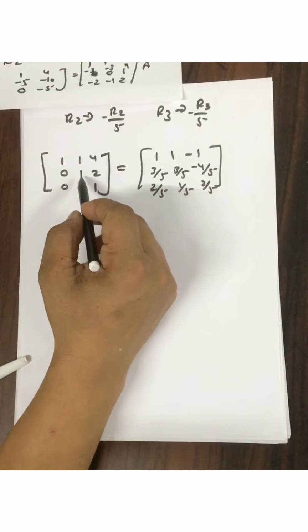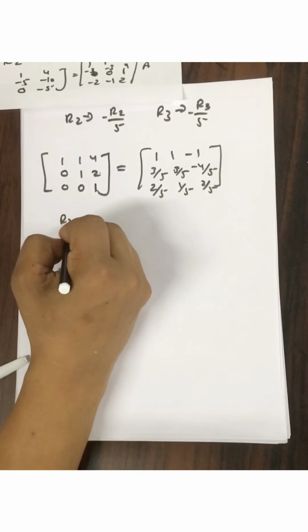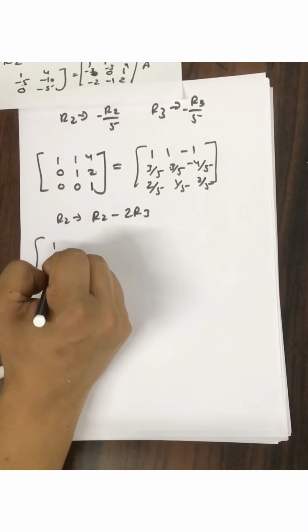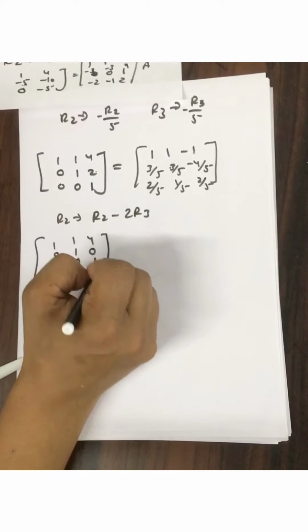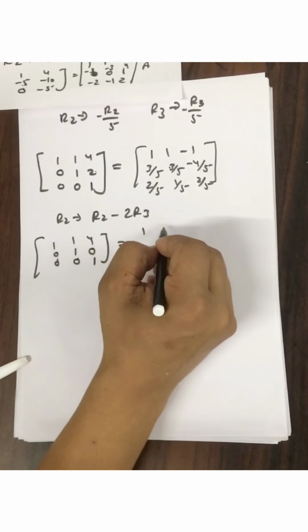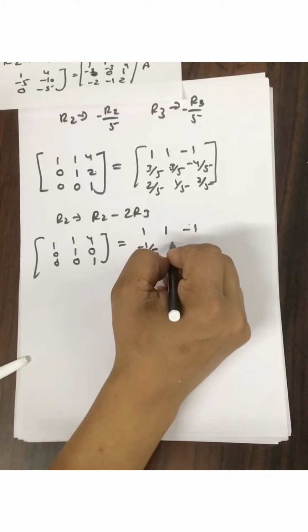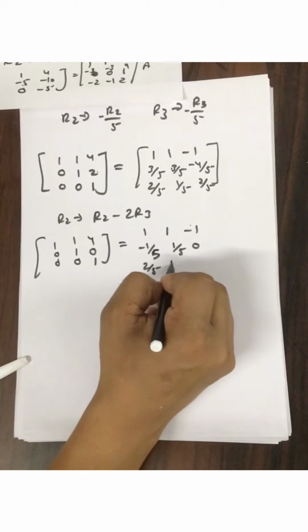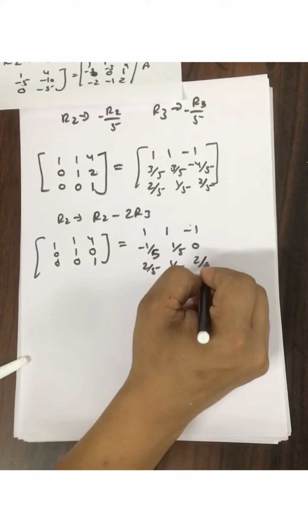Now we have to get, in R2 we have to get this 0, so this minus this, so in R2 we subtract R2 minus 2R3, so we get what, 1 0 0 1 1 0 4 0 1 equals to 1 1 minus 1, and this will become minus 1 by 5, this will subtract, this will get 1 by 5, this will be 0, this will be 2 by 5, this will be 1 by 5, and this will also be 2 by 5.